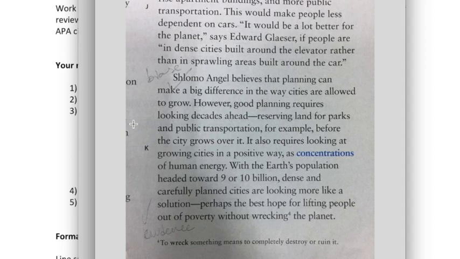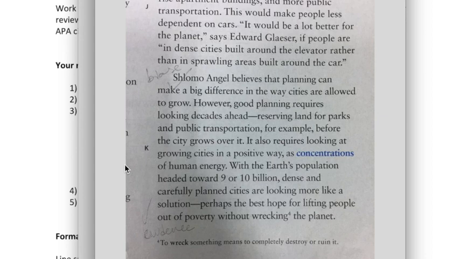If we build buildings, we'll have to make sure we have enough space so that 10, 20 years in the future we can build roads or LRT or MRT without having to destroy the buildings. So is there any evidence given to support this statement? You can pause the video and take a look at paragraph K.